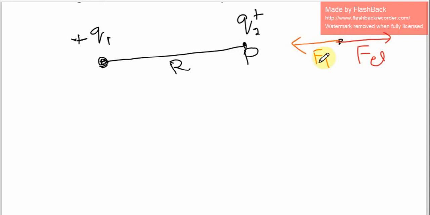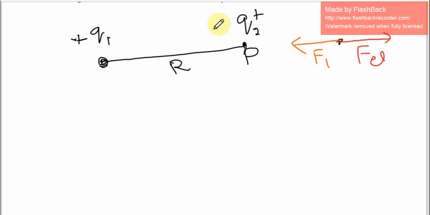I do positive work. How? The direction in which I'm moving is the same as the direction of the force I exert. I have to overcome this electrostatic force exerted on me if I am a point charge.